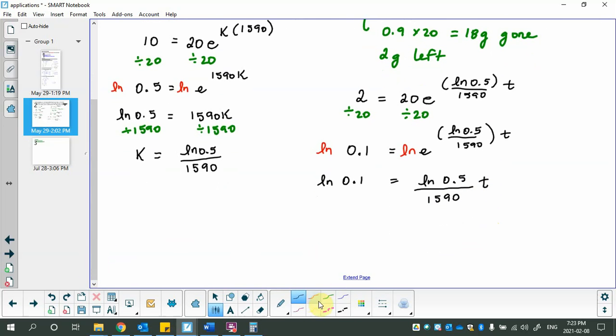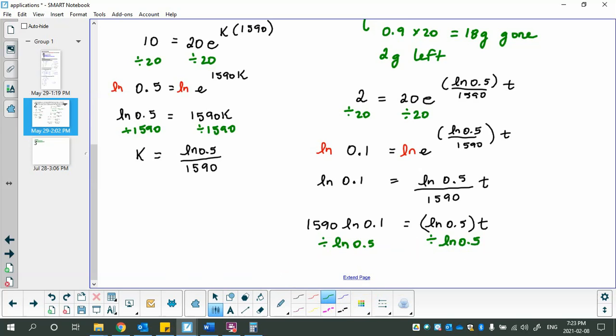Now, I don't know if this is too fast for you, but if I do a half cross multiply, that will multiply this 1590 times ln of 0.1. And then I have this, and remember this is multiplied by the t, so the t isn't enclosed in it. And then I have divided by ln 0.5, divided by ln 0.5.